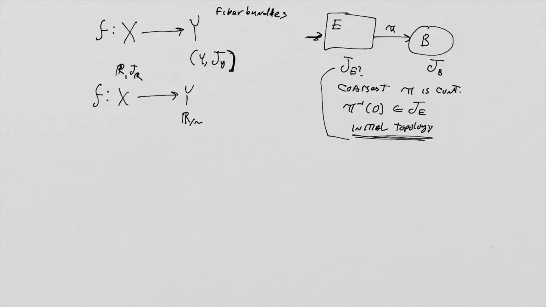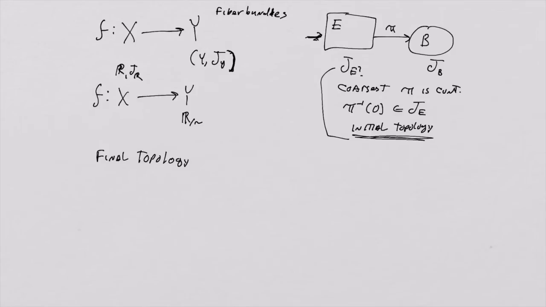So in this case, we have a topology on the domain, but not on the range. So that's the opposite of this case. So we can't use the initial topology, but we can use something called the final topology, which is very similar in motivation.